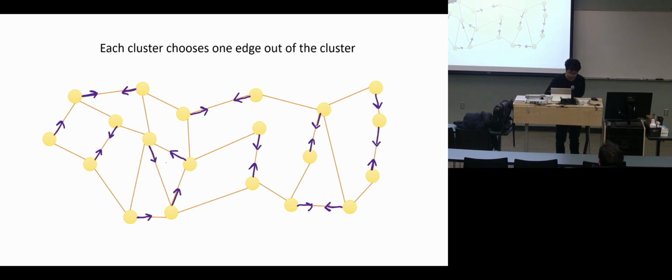So if this node is V, the server has the sketch of BV. What does this sketch do? All it can do is give some edge going out of the set, which here is just one node. So it will just give you one edge going out.